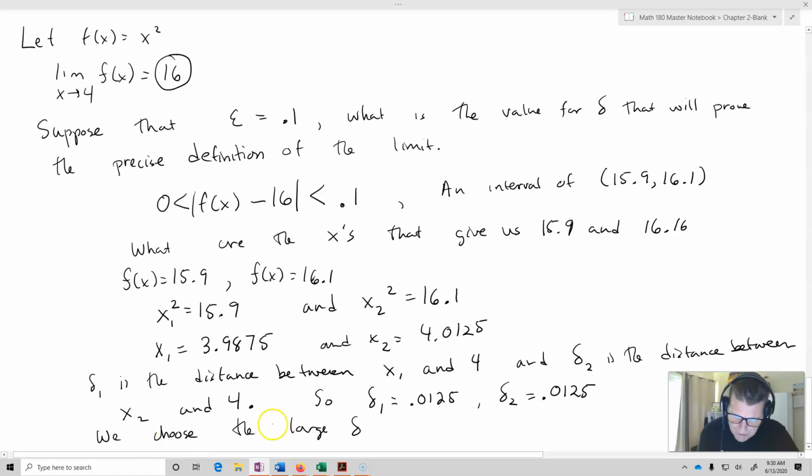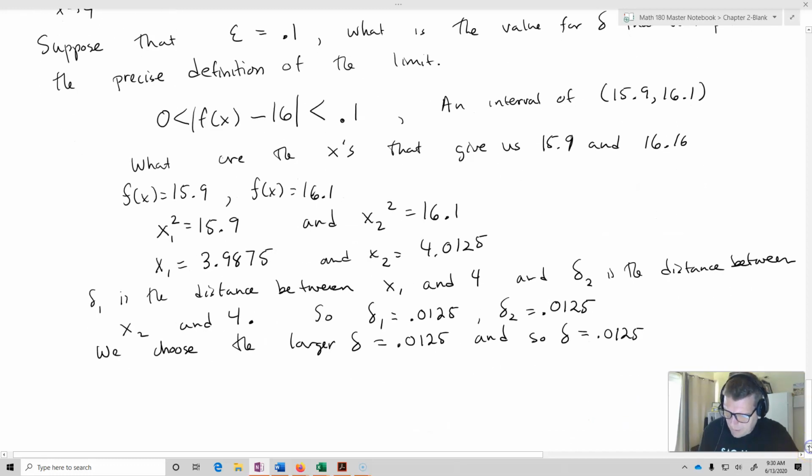We choose the larger delta, which in our case is 0.0125. And so delta equals 0.0125. What you'll see sometimes if you're reading on the internet or inside of our book is the max, it'll say the max of delta 1, delta 2, which just means whichever is larger.